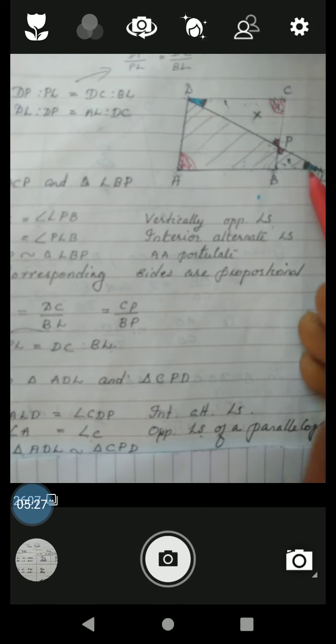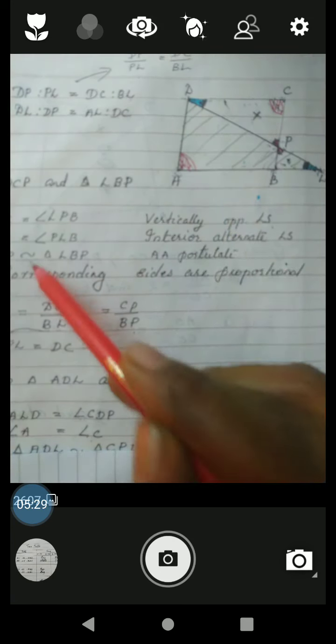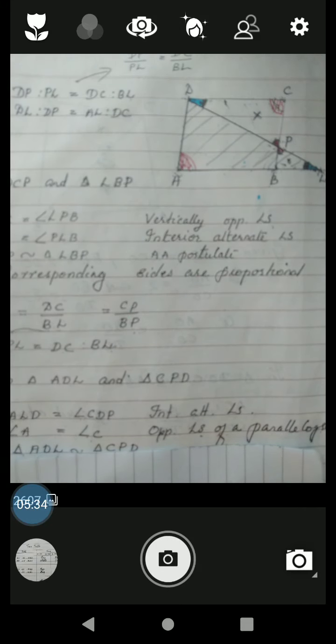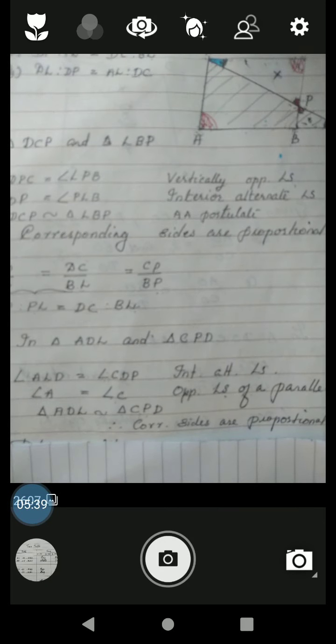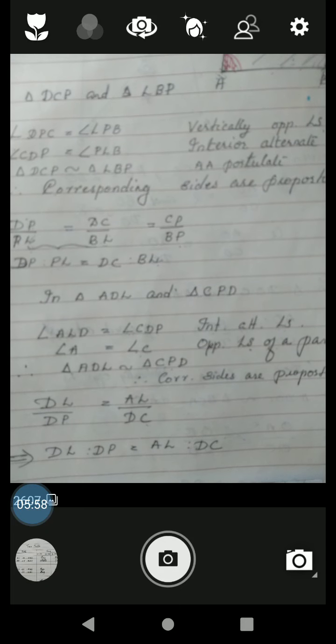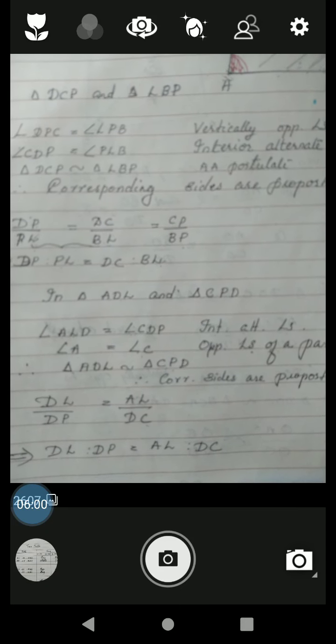The same thing here. Therefore, the two triangles are again similar. Therefore, corresponding sides are proportional. That is DL by DP equal to AL by DC, which implies DL is to DP is equal to AL is to DC.